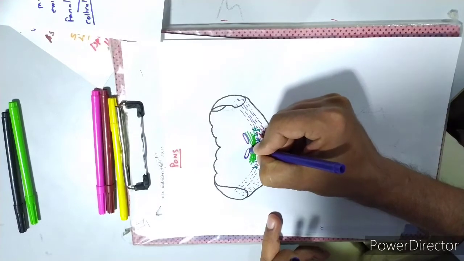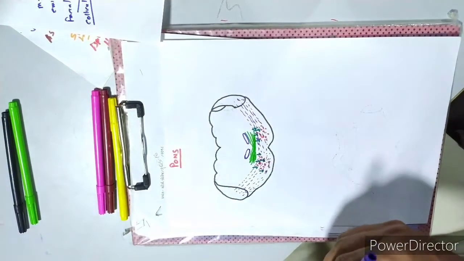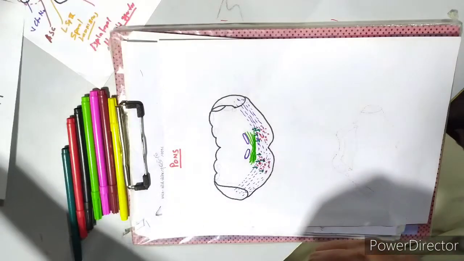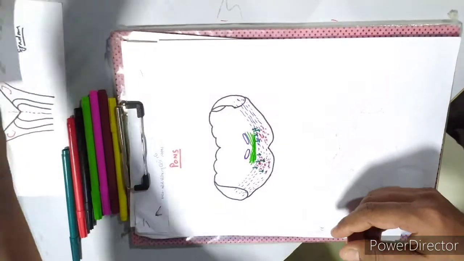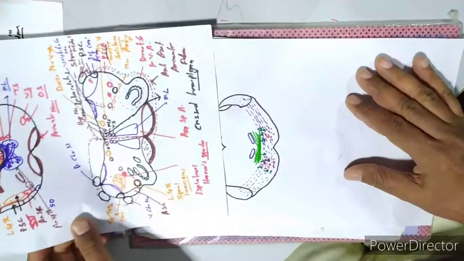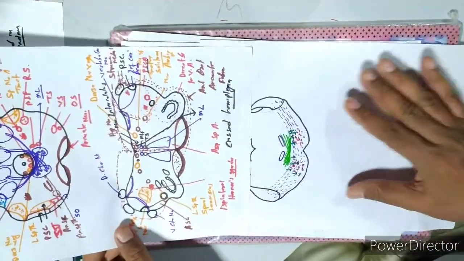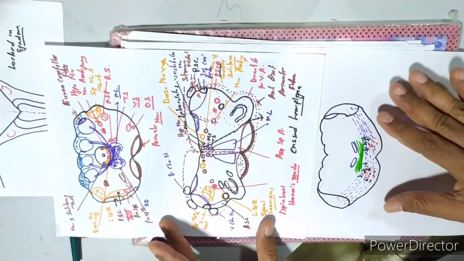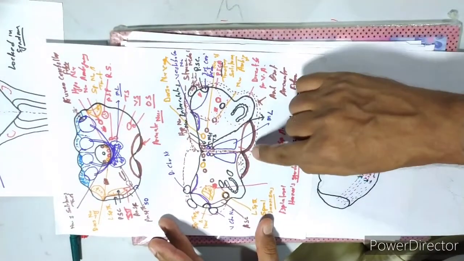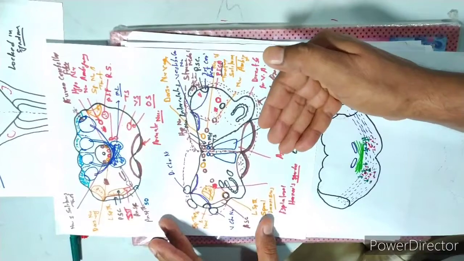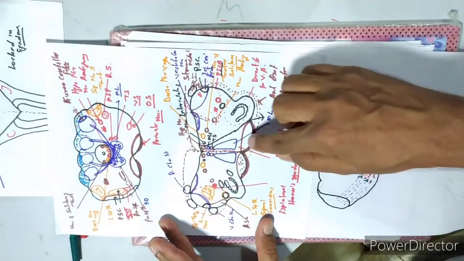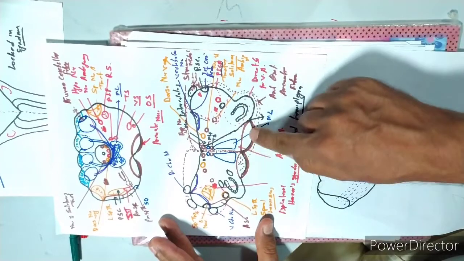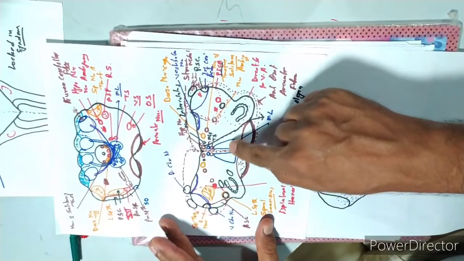This medial lemniscus we have seen in the cross section of the medulla. If you see the cross section of the medulla, the last time we have seen it, the medulla is continued with the pons. So this is the upper part cross section of the medulla where the pyramid is seen, and these are the lemnisci.